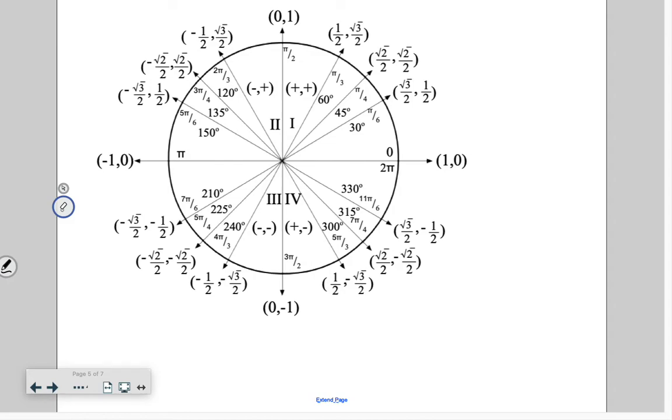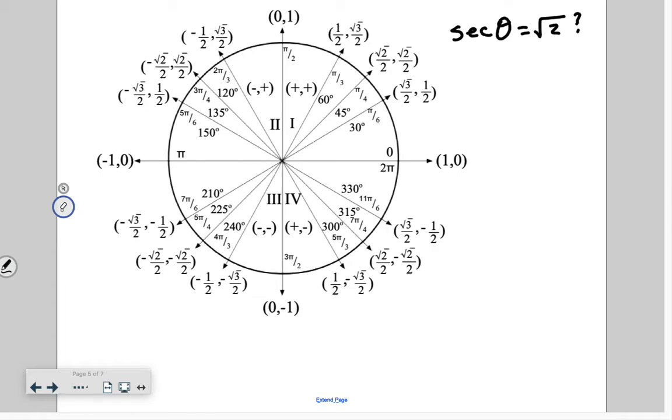Which angle is the secant equal to square root of 2? What do you think? What'd you come up with?